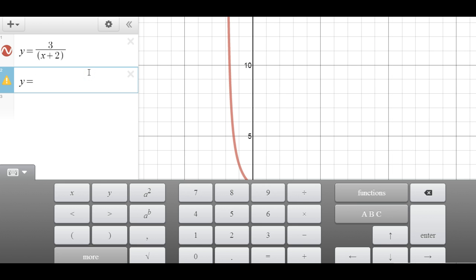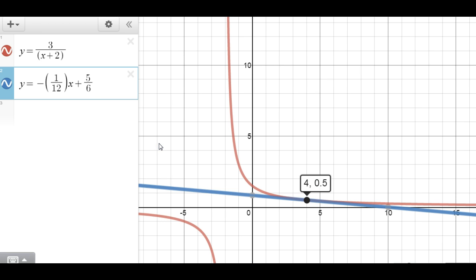Okay, what was the other one? Negative 1/12 x plus 5/6. And we were at the point where that kind of looks like a tangent at the point 4.